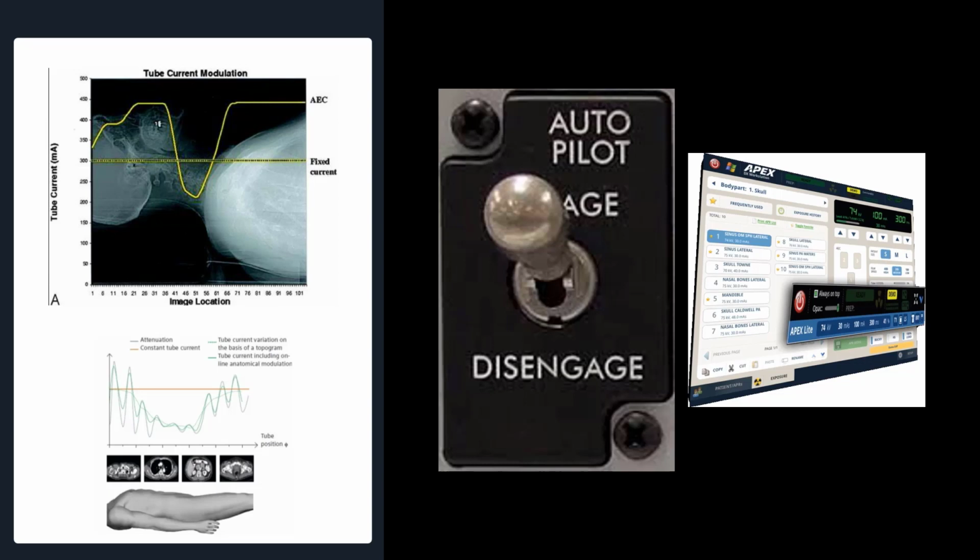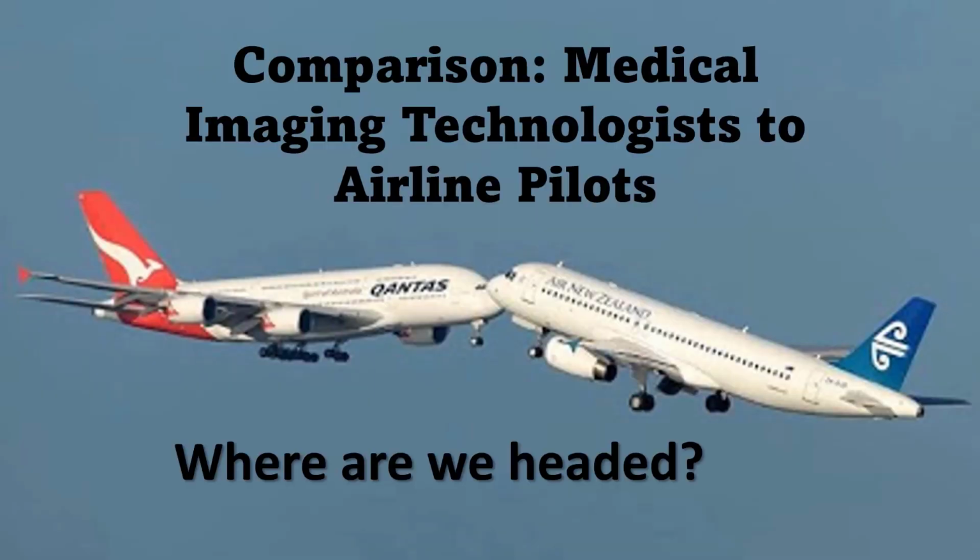All this data is usually handled by the computer, sort of like on autopilot. But you need to understand what happens when the autopilot disengages and you have to manage the data and produce the image manually. Technology goes throughout the entire spectrum of the world today, including airline pilots.